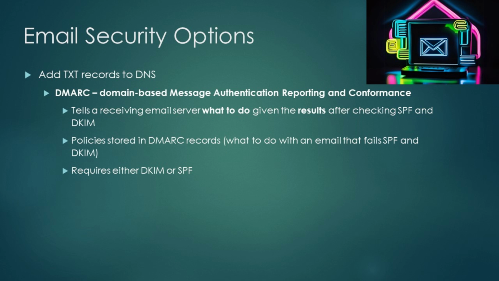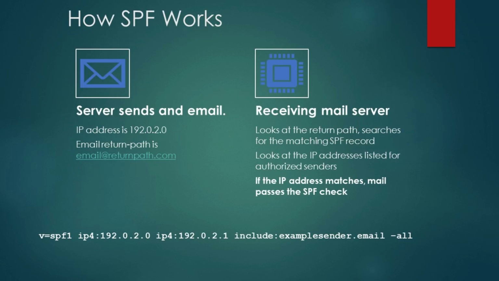Ah, so DMARC is the action plan. Exactly. The policy might say p=quarantine, stick it in the spam folder, or it might say p=reject, just refuse the email outright. The sources had a great analogy. SPF and DKIM are like showing your ID or business license to prove you're legit. DMARC is the bouncer deciding whether to let you in or throw you out based on that ID check. That's a perfect way to put it. That policy enforcement is key.